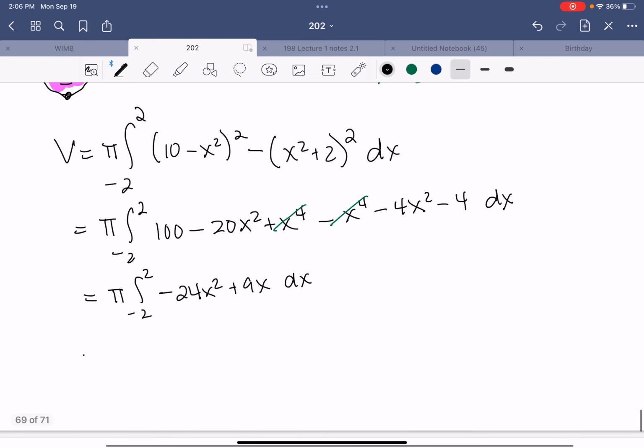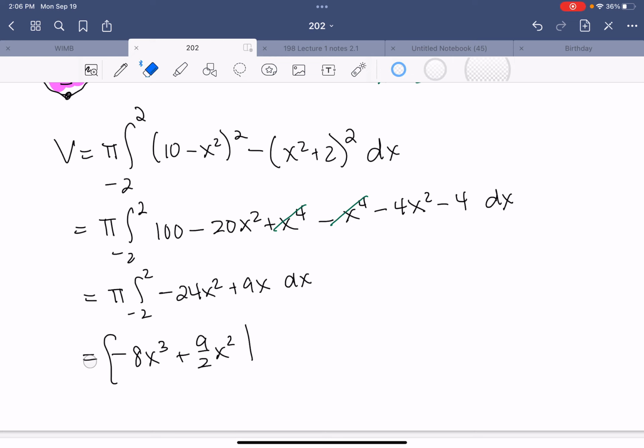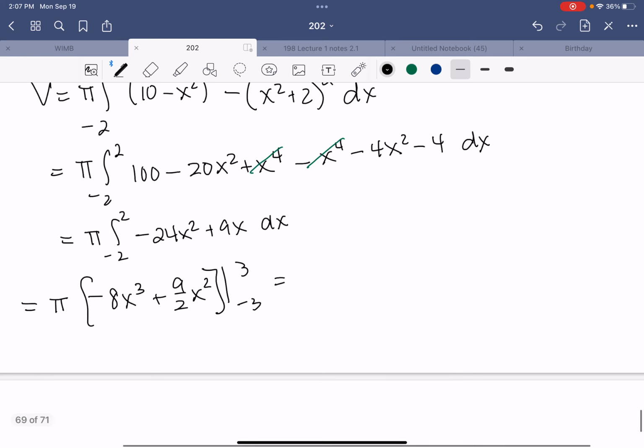From there, we want to find our antiderivative. So that gives me -8x cubed plus 9/2 x squared evaluated. Whoops, I forgot my pi. Evaluated from -3 to 3. That's going to give us pi times, when you plug in 3 cubed is 27. 27 times 8 is 216.